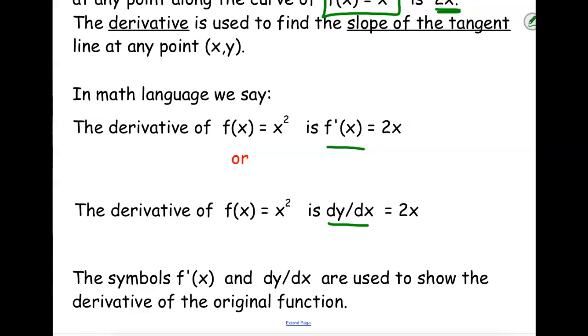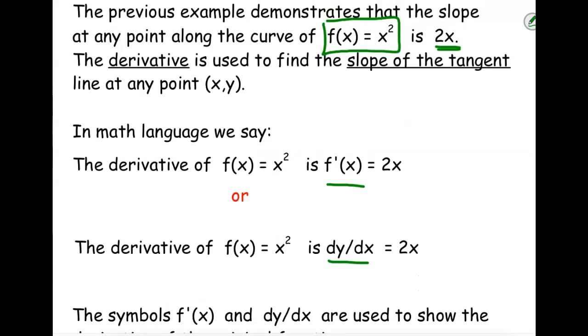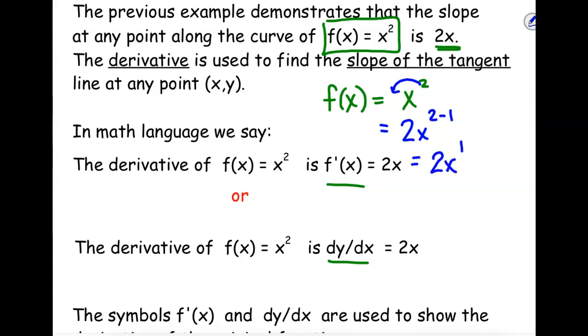How do you find it? If here is your original function f(x), and here's x squared, what you do is you bring down that 2, so that's now your coefficient, and now you subtract 1 from the exponent. So the derivative is 2x to the first.